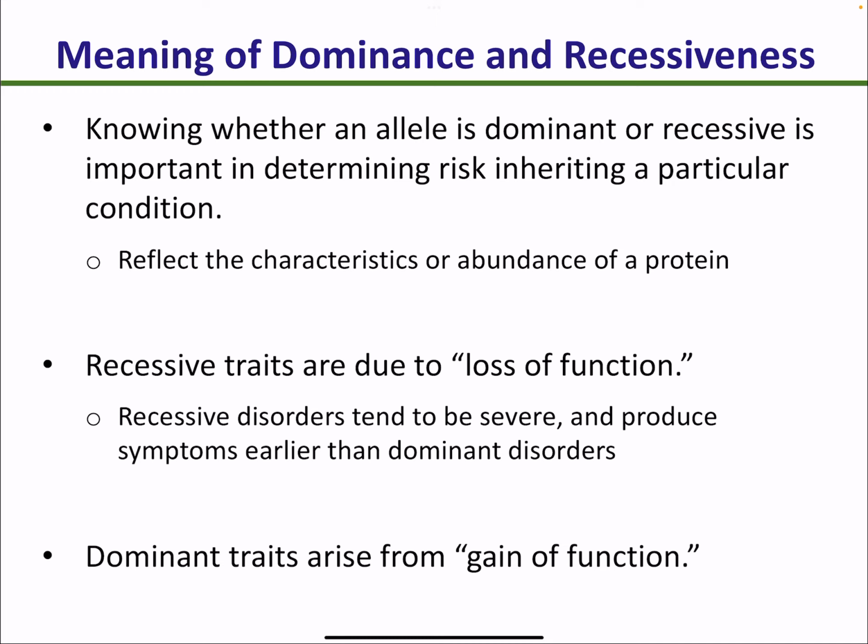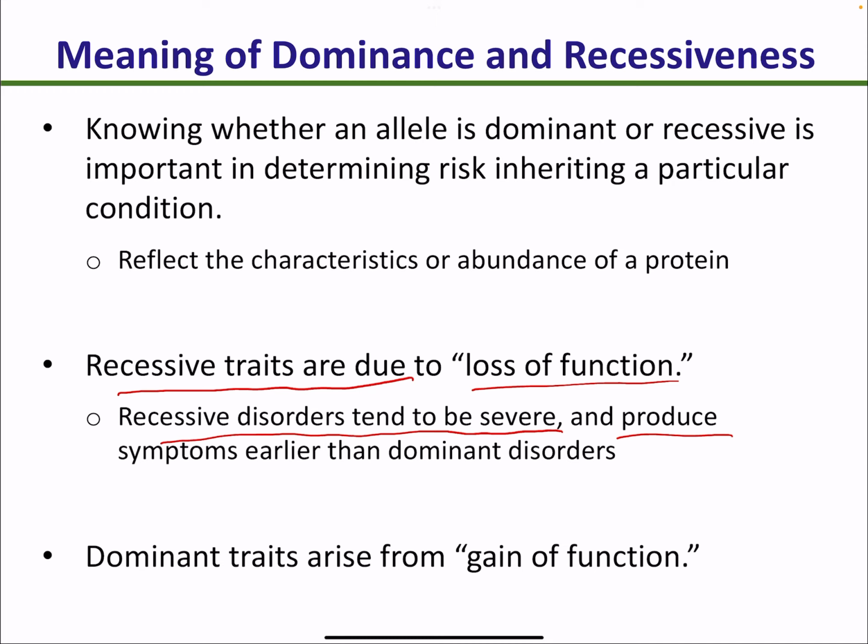The recessive traits are going to be caused by loss of function, right? Because of the loss of function, recessive disorders tend to be more severe and produce symptoms earlier than dominant disorders, which actually produce symptoms much later.